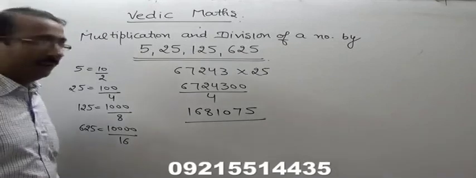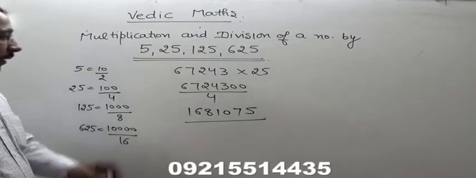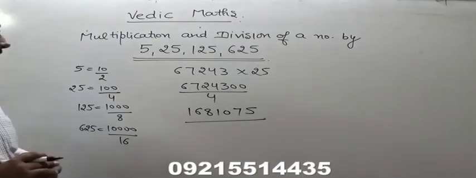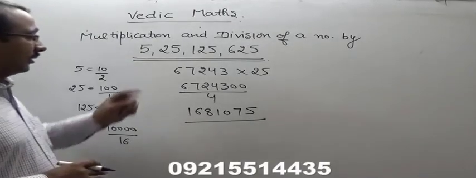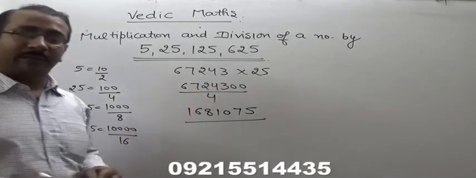So what we have done here: we have to multiply 67,243 into 25. What process did we apply? I just took 25 as 100 by 4, which means 2 zeros and divided by 4.